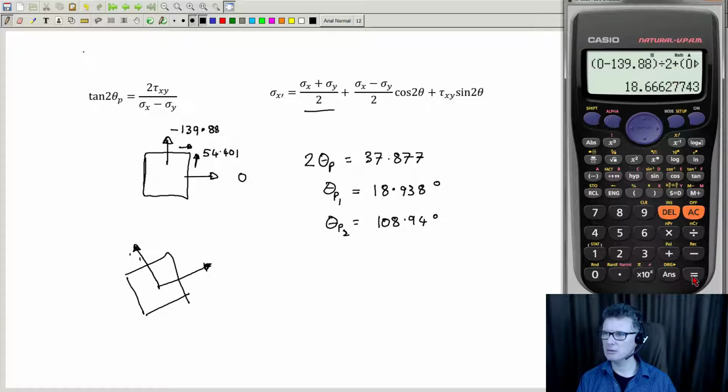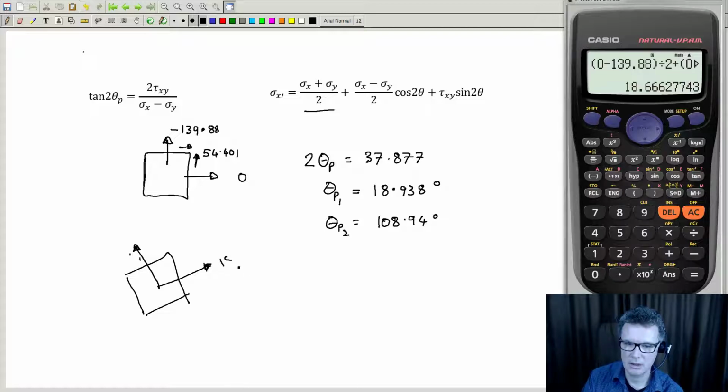Close the bracket, equals. And that tells me we've got 18.666 pointing off in this direction.